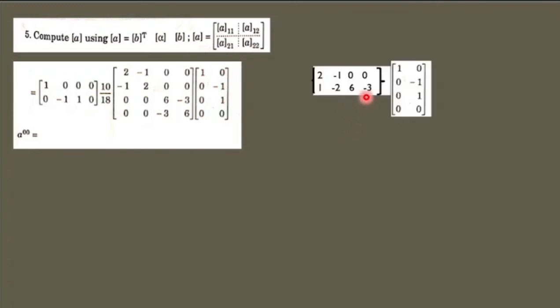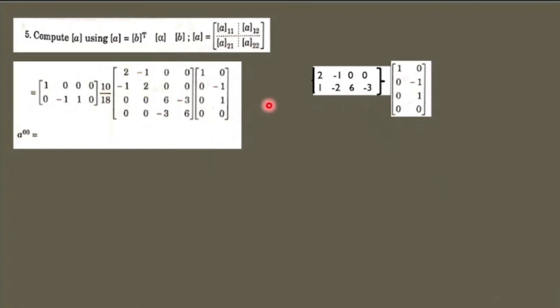Now, multiplying these two components, you will be getting 2 into 1 is 2 and the rest of the things will be 0. So, your first value will be 2, and first row into second column: 2 into 0 will be 0, minus 1 into minus 1 will be plus 1 and the rest of the components will be 0. That is 2 and 1 you will be getting at the first row.